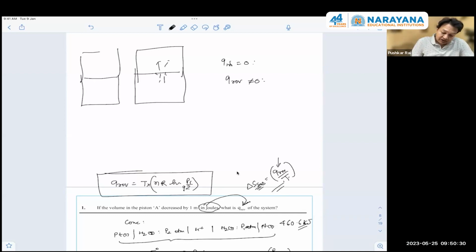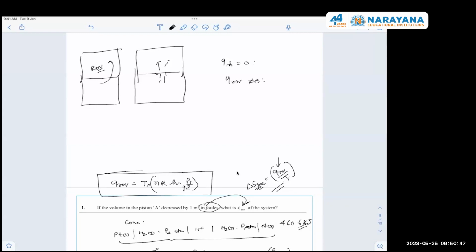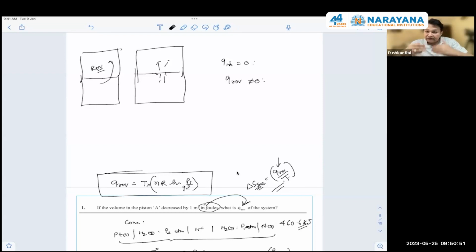You can also change the state from there to there, how? Reversibly. So whatever it is, always remember Q reversible. If a process is irreversible, even then Q reversible exists. This is the most important point you learned in thermodynamics. Free expansion can be reversible? No, the change in free expansion can be carried out reversibly.